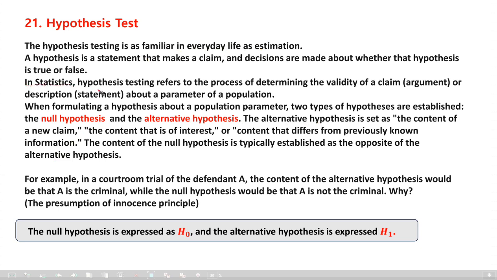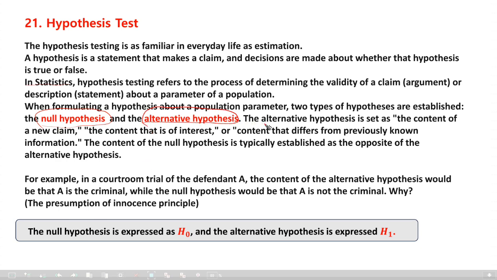In statistics, hypothesis testing refers to the process of determining the validity of a claim, argument, or description statement about a parameter. When formulating a hypothesis about a population parameter, there are two types of hypothesis: the null hypothesis and the alternative hypothesis.